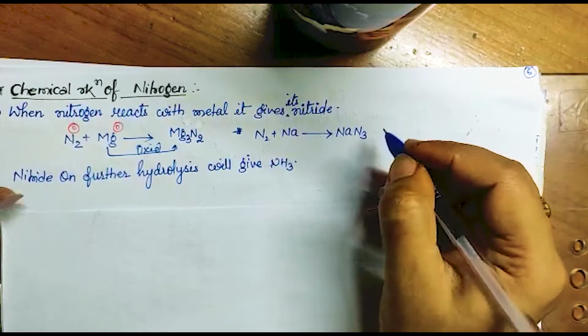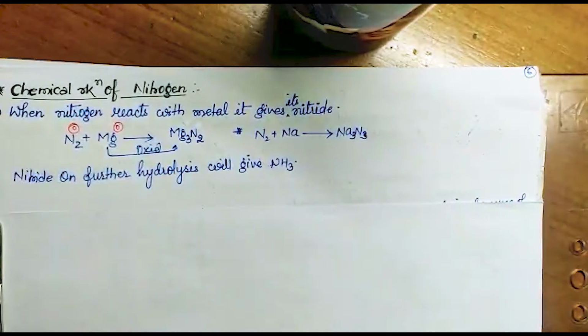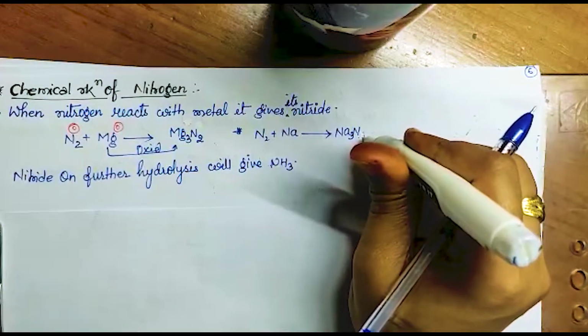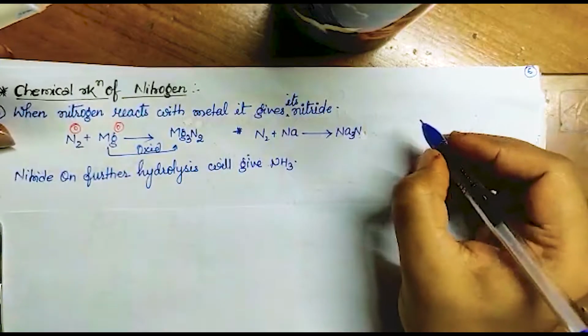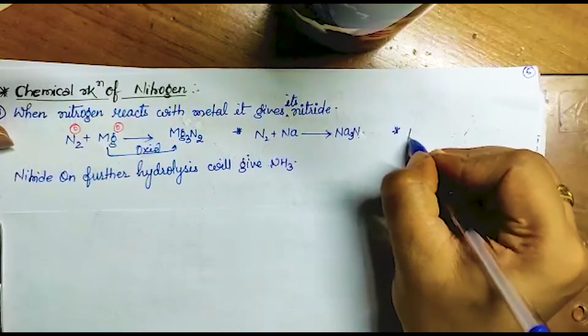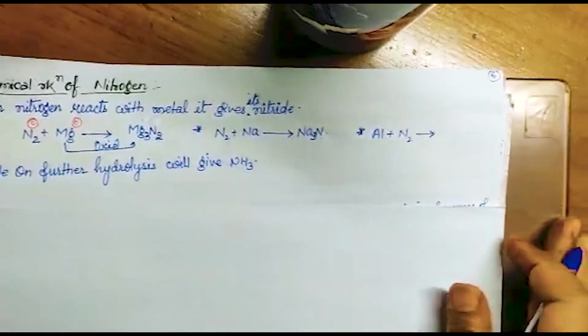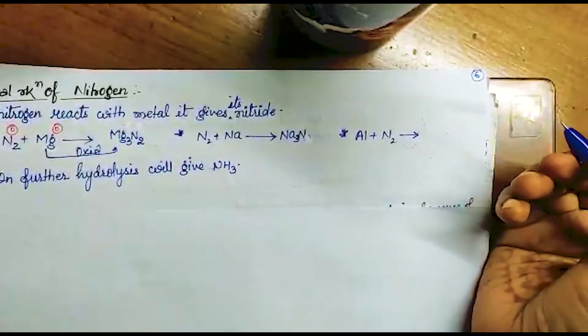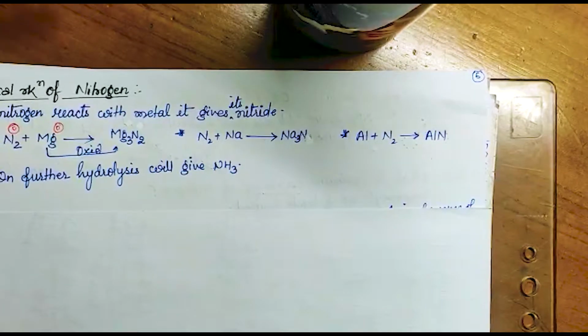Sorry, it is Na3N, yes, because N has -3. So that's why it will form Na3N. Similarly, if I say to make the compound with aluminium and nitrogen, what will be the compound formed? Tell me fast. Aluminium +3 and nitrogen -3. So both will cancel and it will form AlN. Any doubt?